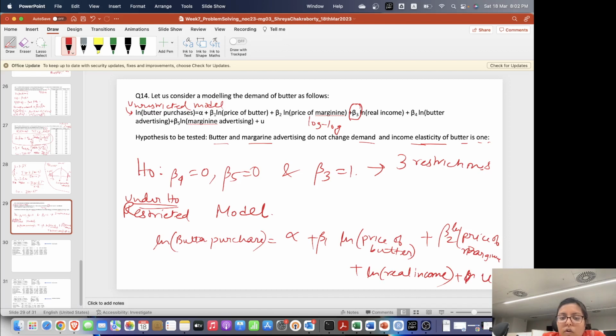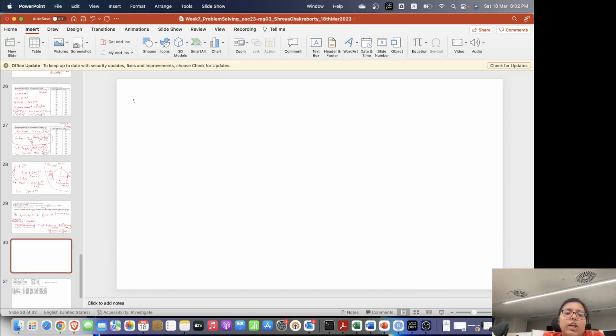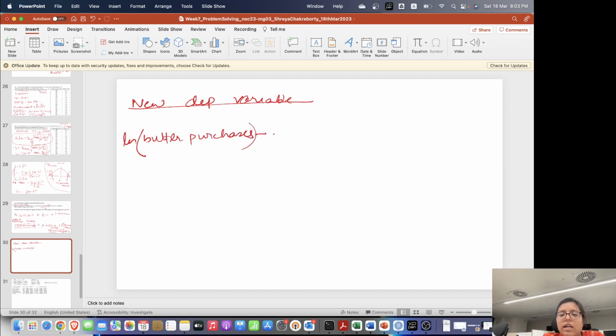Now if you look carefully, this is one observed thing, no constant involved. This is also an observed thing, no unknown thing involved. So what we can do is we can rewrite and devise a new dependent variable, that is ln of butter purchase minus ln of income.